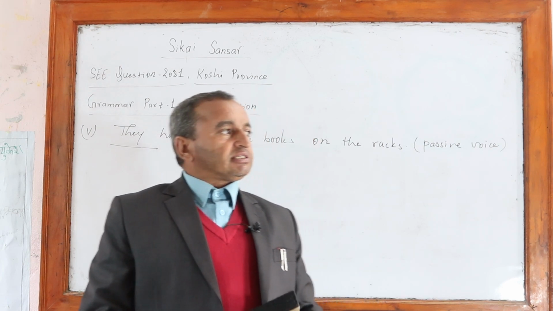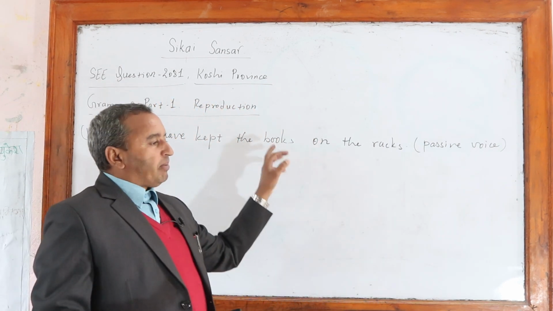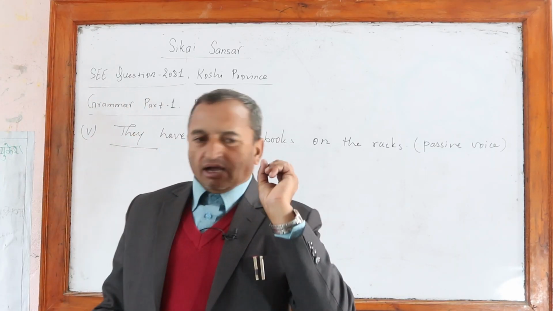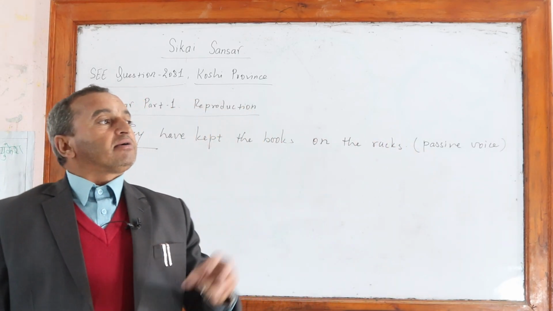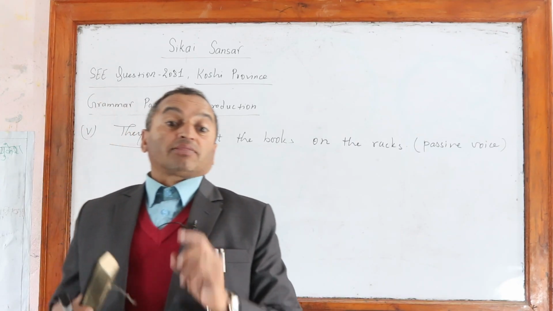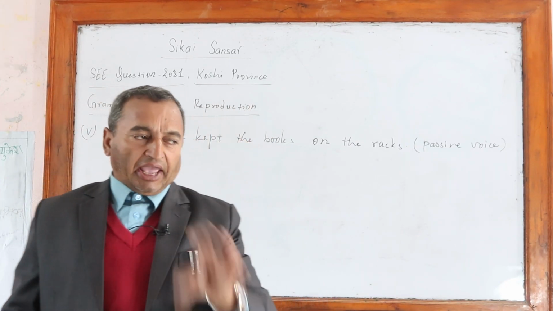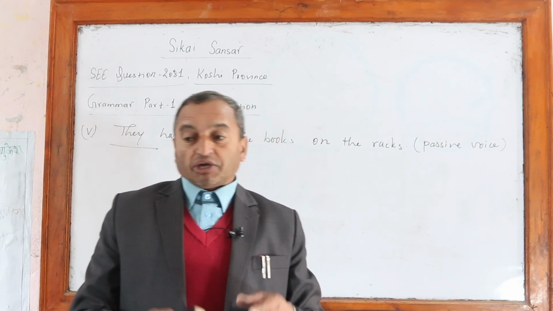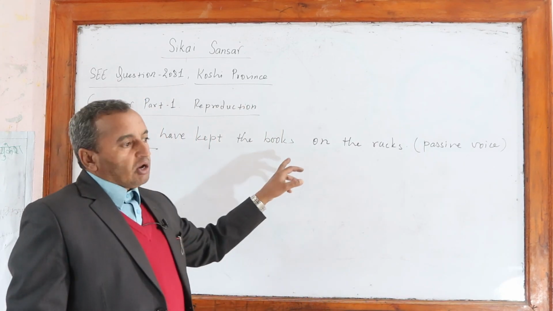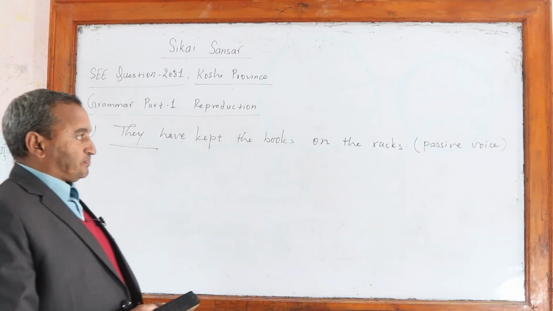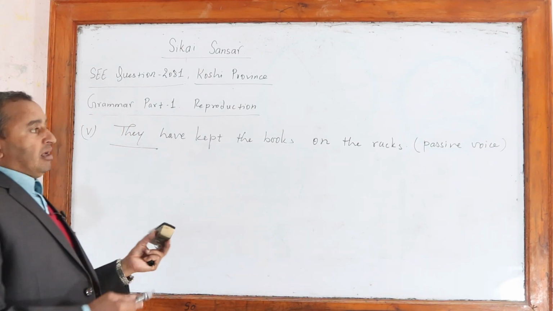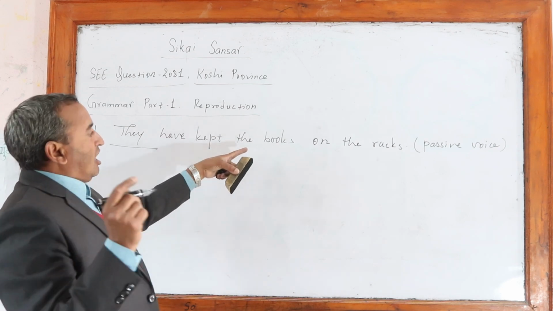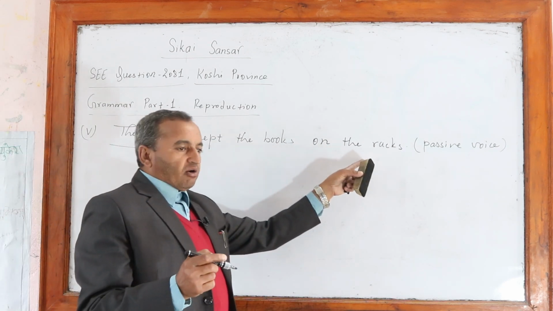So, what is the general rule for passive voice? Subject goes to the object and object comes to the subject. And then on the basis of the tense, there are different types of rules that you have done. So, in this question, we are just going to change into passive. Now there are two different types of objects, the books and on the racks.